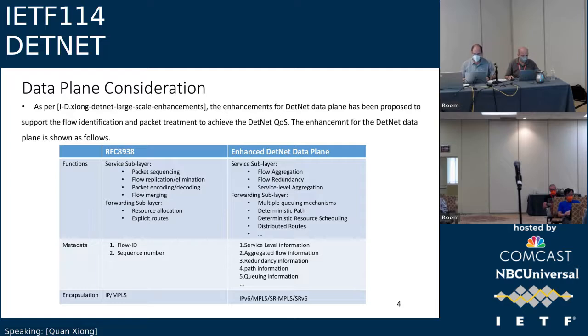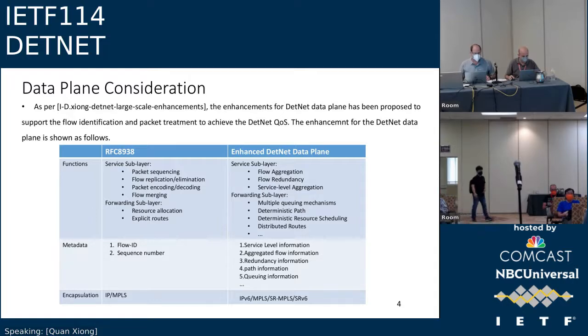And for the forwarding sublayer, maybe multiple queuing mechanisms, deterministic paths, resource scheduling, distributed routes, and so on, and many functions to improve the deadline performance to achieve the deadline queues.